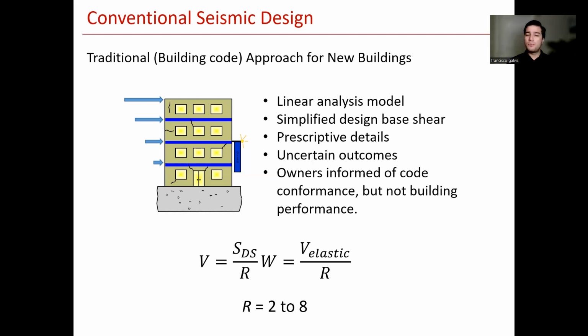And I think that's a really good point that we need to highlight: owners, the decision makers that the structural engineers offer their service to, are normally informed of complying with the building code, but are not always aware of what that means in terms of the performance of the building they are getting. And to be clear, what the current building design codes promise is life safety, right?